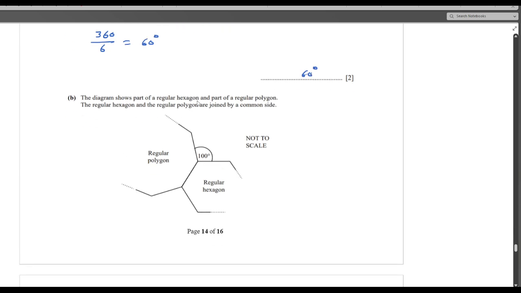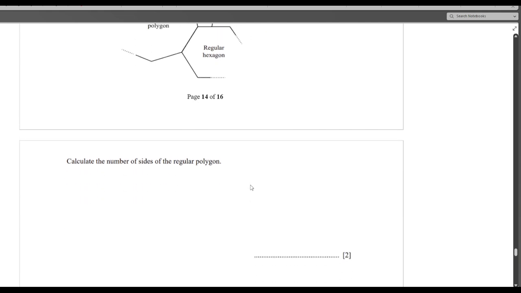The diagram shows part of the regular hexagon and part of a regular polygon. The regular hexagon and the regular polygon are joined by a common side. Calculate the number of sides of the regular polygon.